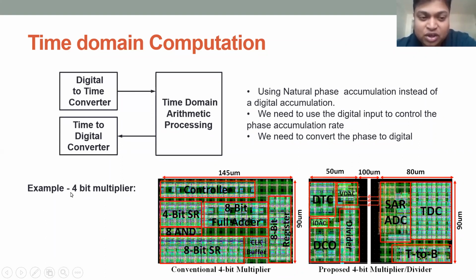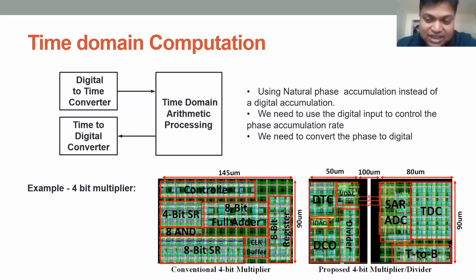And if we take a 4-bit multiplier example, its area is comparable, but the benefit comes in the power. When we do a fair comparison, we have to look at the time to digital converter and digital to time converter. If those two blocks were not there, you would probably see a much larger power benefit, but those are an integral part of it, and this is the real penalty that we have to pay.